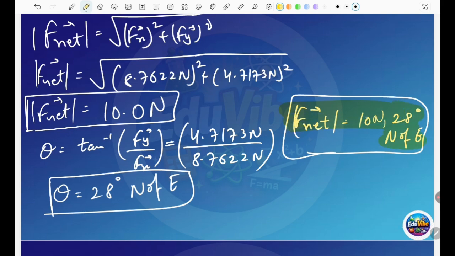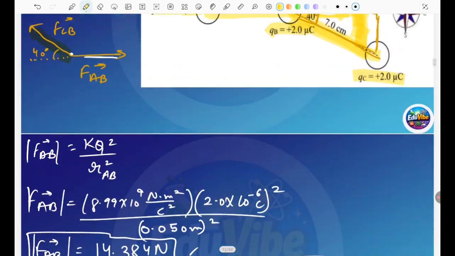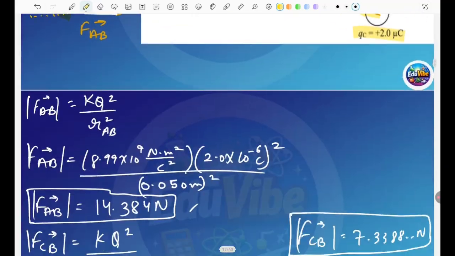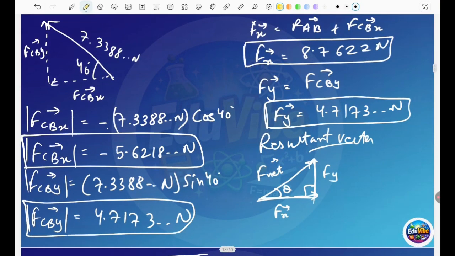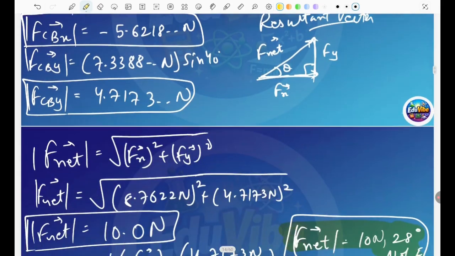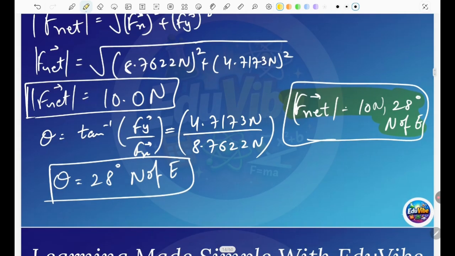That's how you find the net force with the x and y components when dealing with electrostatic force. First, we find the respective forces, then their x and y components if they have them, and then the magnitude and the angle. That's how you have to arrange your work for this type of question.